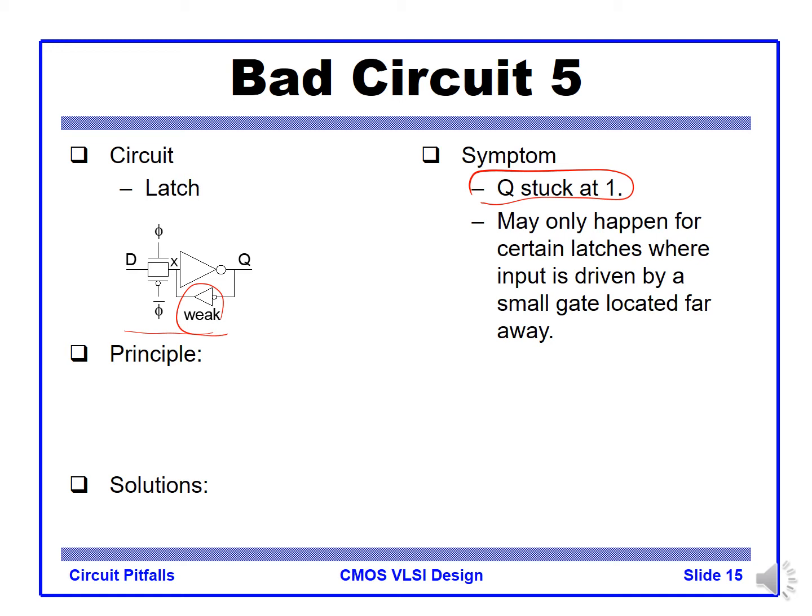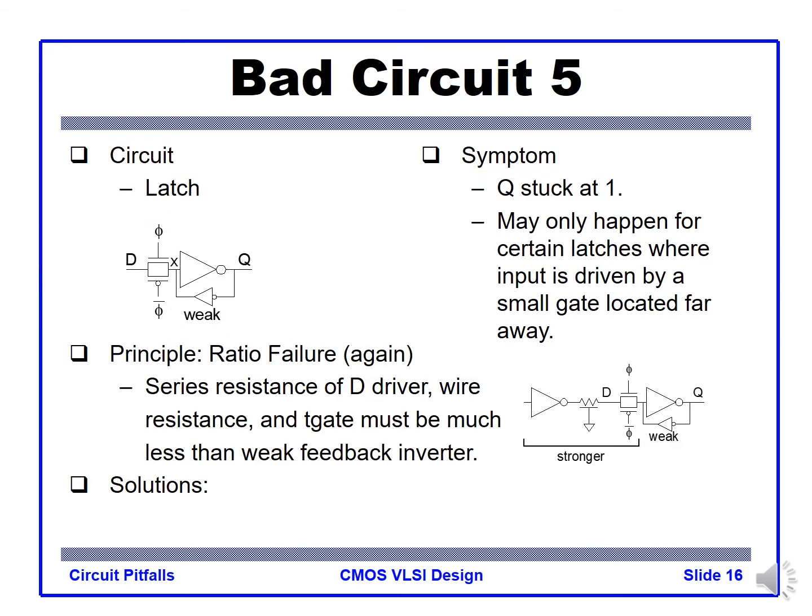The problem is the transmission gate at the input. The inverter may drive a long line and then get to the latch. Even though the driver NMOS strength is high enough, the wire is too long and the wire resistance is too high. In that case, we may not be able to pull down the node X. This is a brief block diagram, an equivalent circuit.